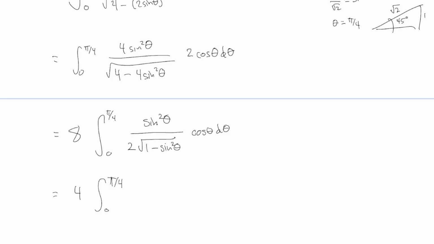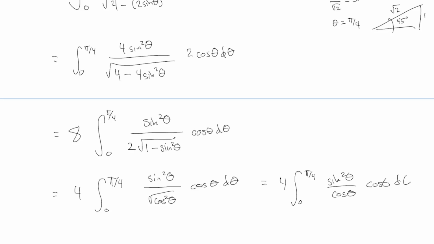Yeah? Rewrite 1 minus sine squared as cosine squared. Yeah, great. As square root of cosine squared. So this is sine squared theta up top, and then square root of cosine squared. And the square root of cosine squared is, of course, just cosine. So 4 integral 0 to pi over 4 sine squared theta over cosine theta d theta.